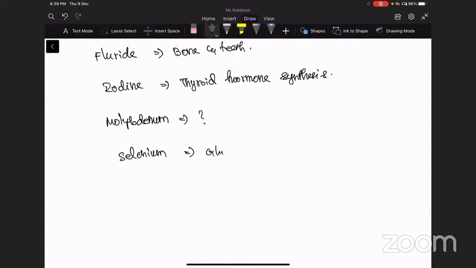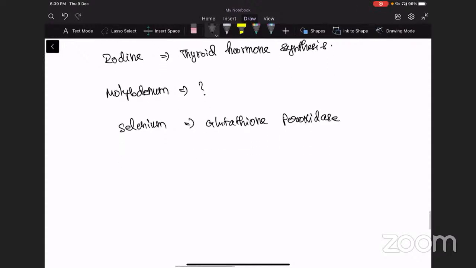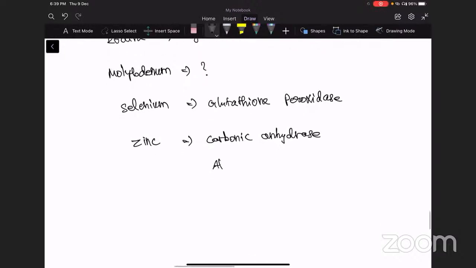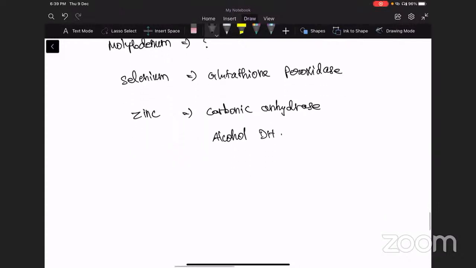Selenium is the cofactor for glutathione peroxidase. Zinc, cofactor for carbonic anhydrase, alcohol dehydrogenase.